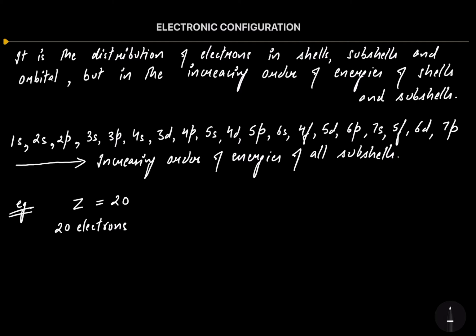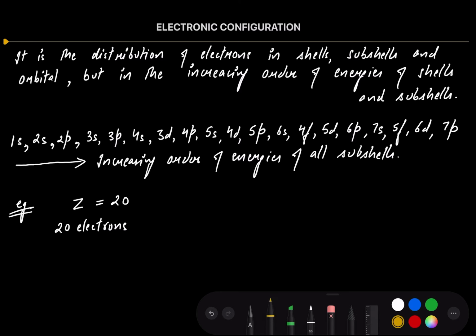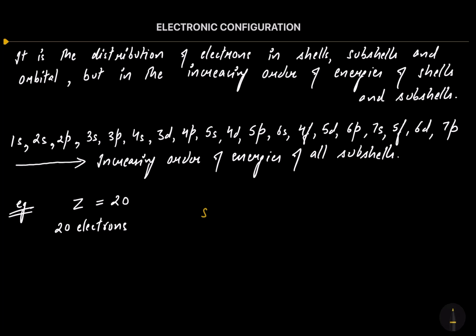So before doing that, let us recapitulate one thing. S subshell has how many orbitals? 1 orbital. Now 1 orbital can accommodate how many electrons? 2 electrons of opposite spin, that is plus half and minus half.